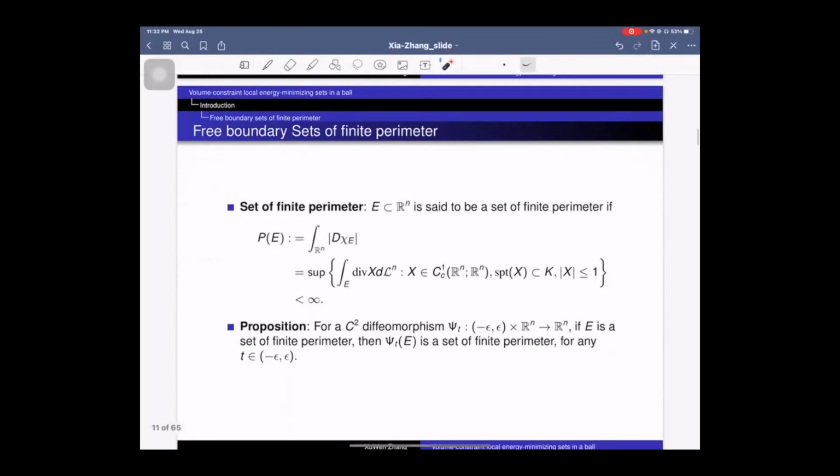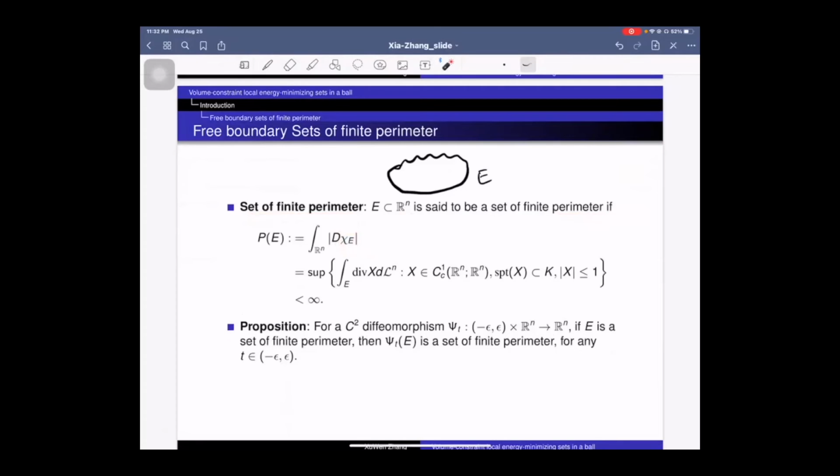First, let's briefly introduce the definition of a set of finite perimeter. We consider the simplest case, a set of finite perimeter in the Euclidean space R^n. For a set E in R^n, for example, this is E. It is said to be a set of finite perimeter if the indicator function of E is a BV function.